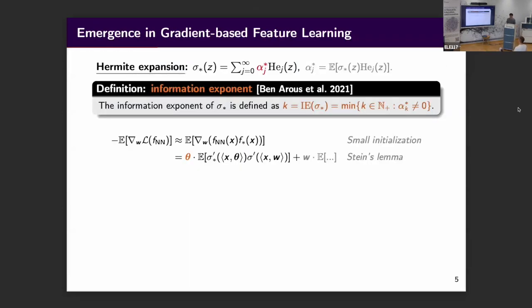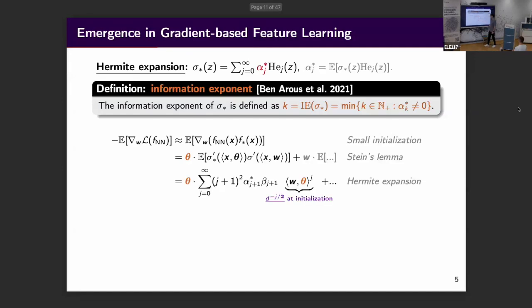You can see this from a standard Stein's lemma type of calculation, where you first approximate the gradient of the square loss with a correlation. Then if you apply Stein's lemma to the correlation, you get the true direction theta. This is the correlation of two single index models, and the Hermite expansion tells you that, at least at the population level, this can be written as a sum over the inner product raised to some power.